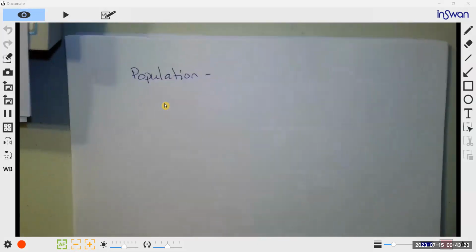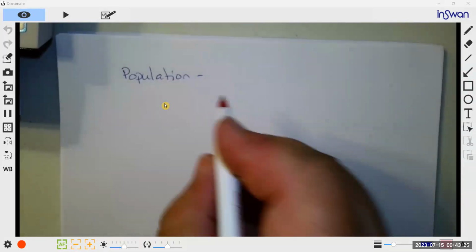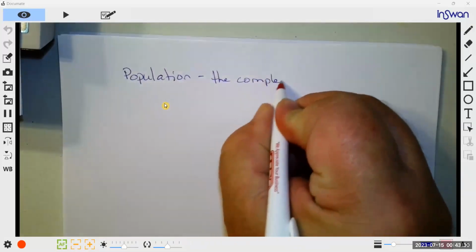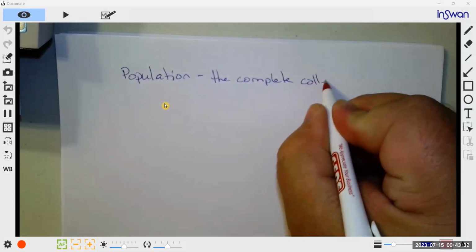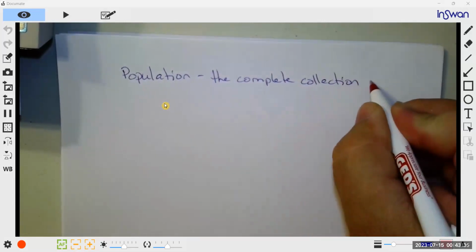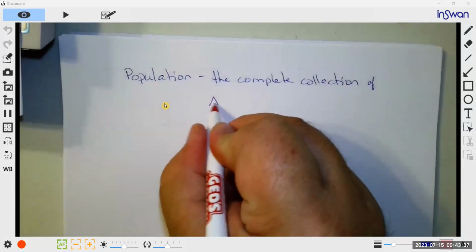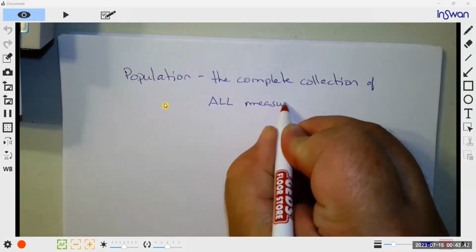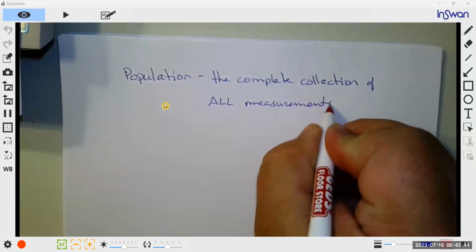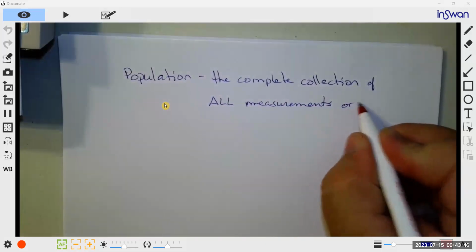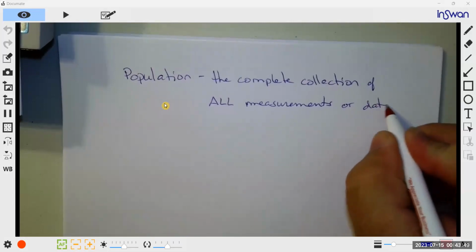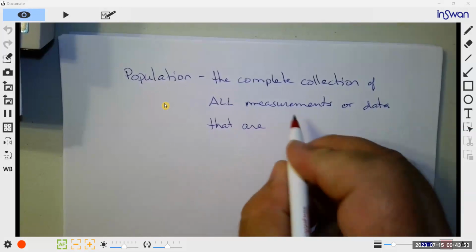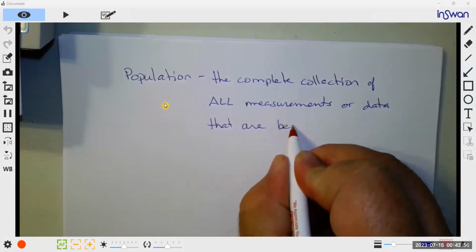The population is the complete collection of all measurements or data that are being considered.